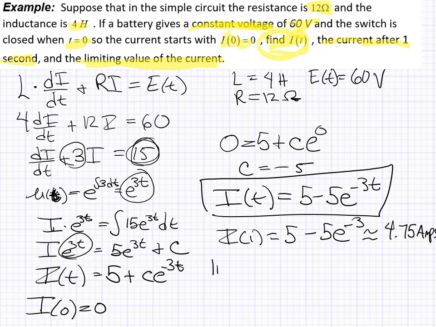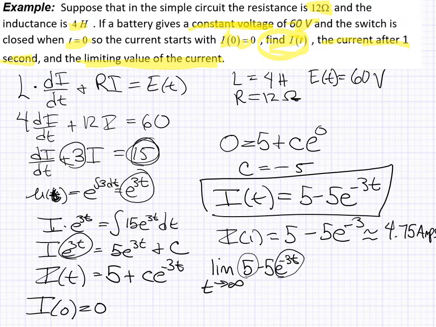So if we looked at the limit as t goes to infinity of this I of t, so 5 minus 5e to the negative 3t, okay, what happens? Well, if you look at t going to infinity here, this is a constant, so the limit of a constant is that constant.